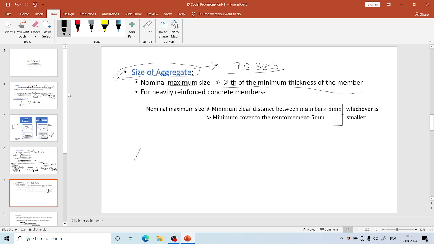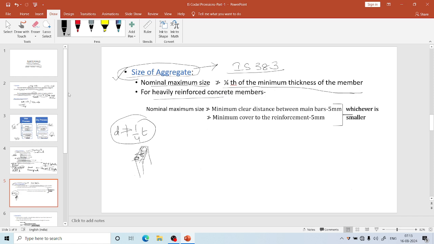The aggregate should not cover the entire thickness; it can cover only up to 1/4 of the thickness.